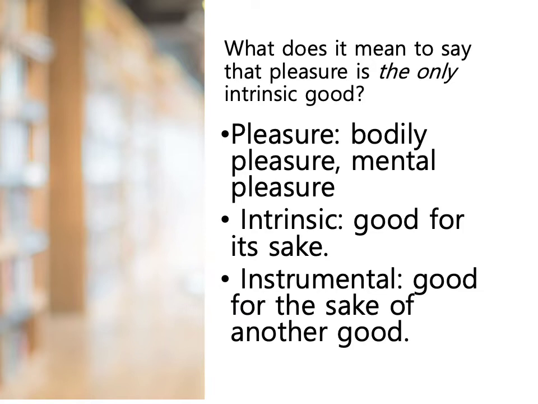Money is a good and we have reasons to value it. However, money is good for some other good, which is happiness or pleasure. So we seek to make money, not because money is valuable in itself, but we use money to attain happiness and things of that sort.